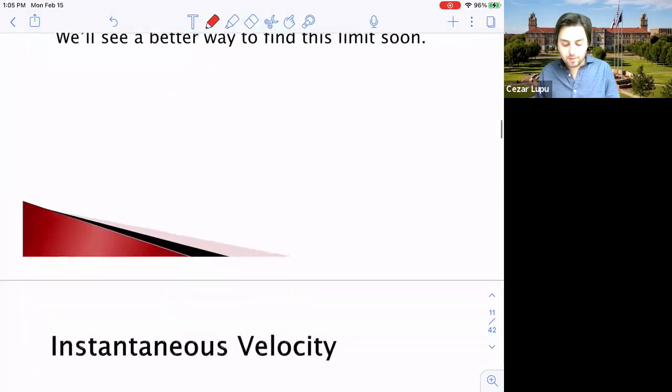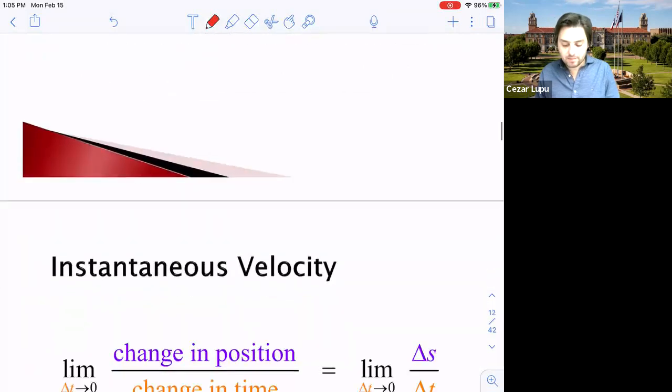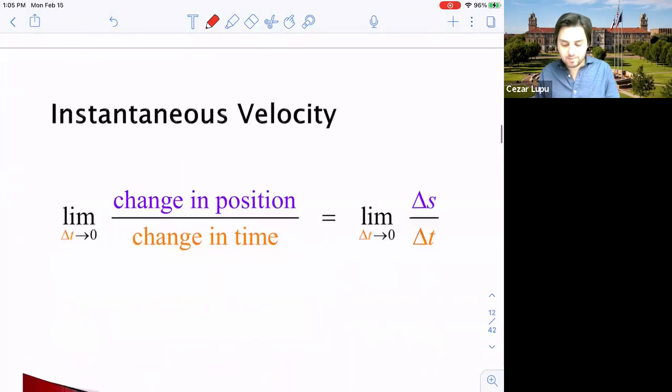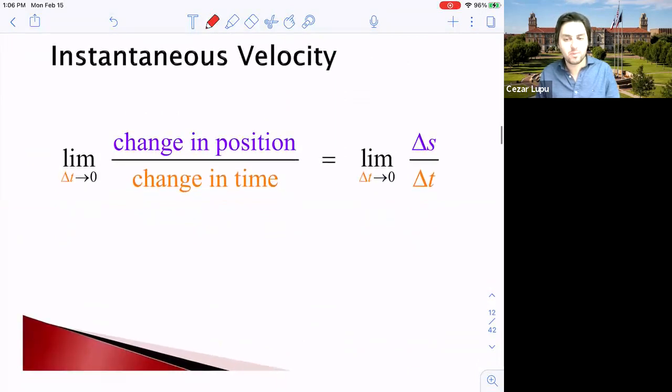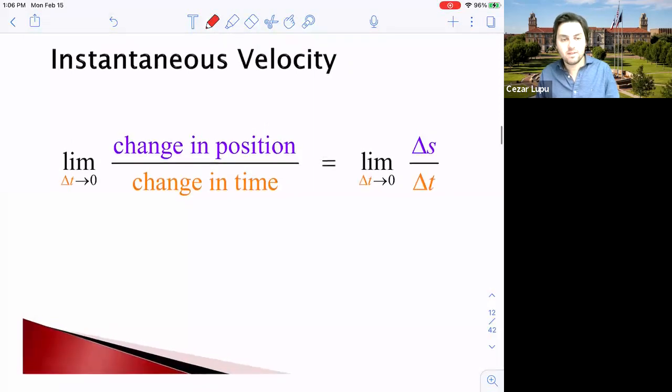All right. Let's see some definition. So as you expect, based on the example that we talked about, the instantaneous velocity will be nothing else than just, as we have seen, the change in the position over the change in time.